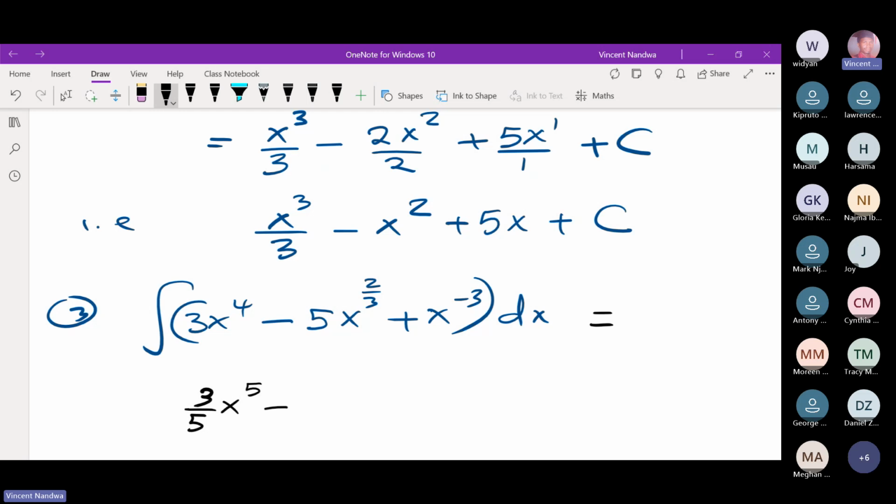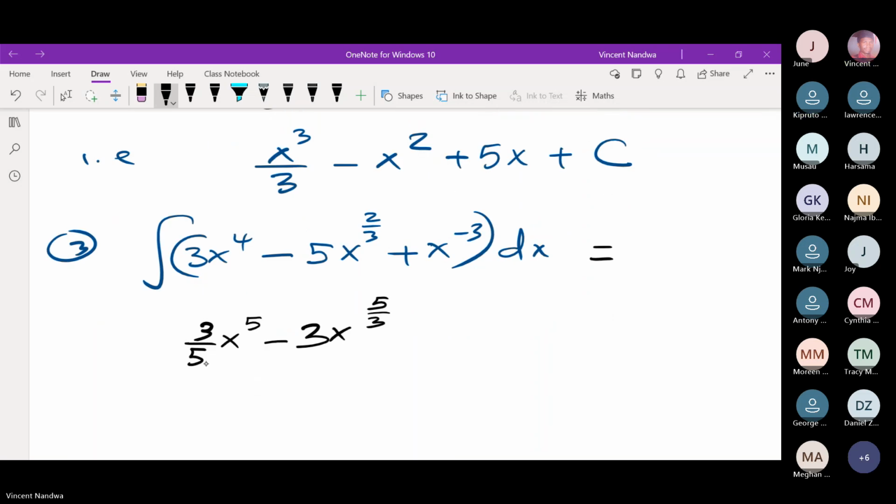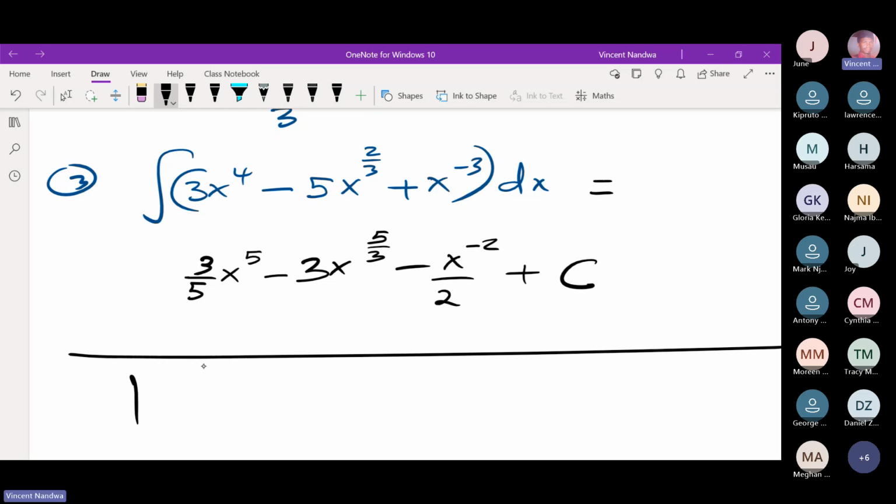So what is 5 over 5 over 3? It's 3 over 5. So I'll have 3 x power 5 over 3. Then minus x power negative 2 over 2, correct. And then plus c. Don't forget to add the constant of integration c.